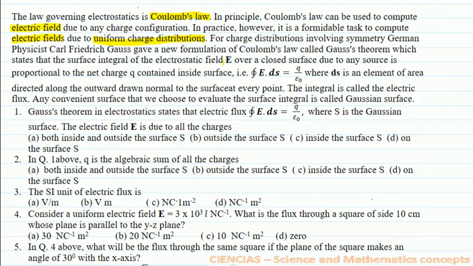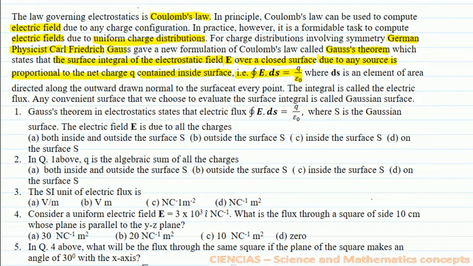For charge distribution involving symmetry, German physicist Carl Friedrich Gauss gave a new formulation of Coulomb's law called Gauss theorem, which states that the surface integral of the electrostatic field E over a closed surface due to any source is proportional to the net charge Q contained inside the surface, that is closed integral E dot ds is Q upon epsilon 0, where ds is an element of area directed along the outward drawn normal to the surface at every point.